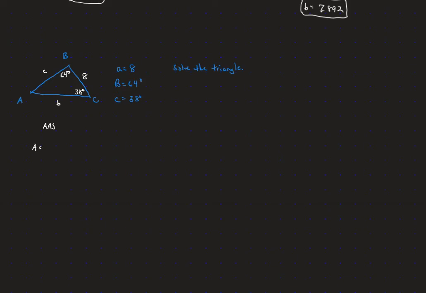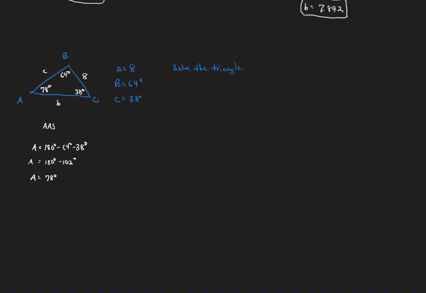Angle A is going to be, again, 180 minus the 64 minus the 38. So 64 plus 38 is going to be 102. And that's going to make our angle A be 78 degrees. So I'm going to label it there.